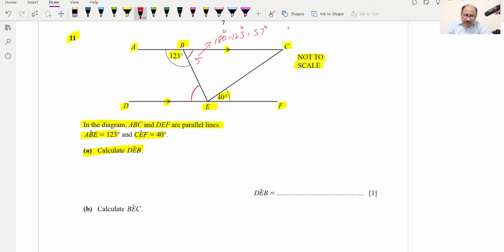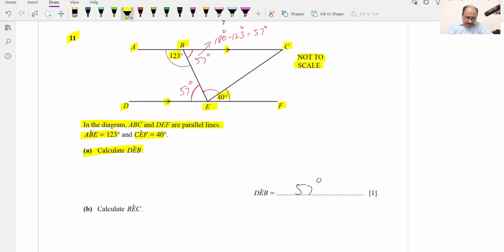So this is 57 degrees, and this will also be 57 degrees, because BE is a straight line which is intersecting two parallel lines, so these two angles will be equal, and we need this angle, which is DEB. We are done with that, which is 57 degrees.